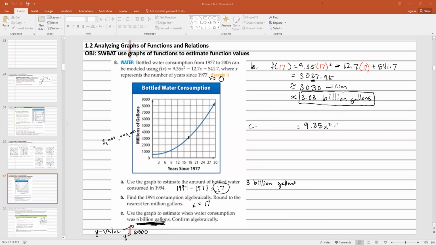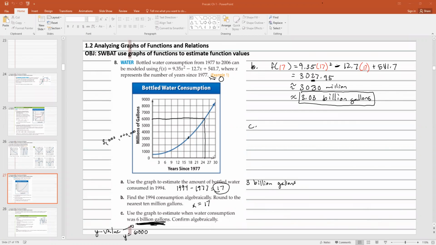Oh, sorry, it says estimating. I'm going to have to do algebraically too. Whew, I was getting nervous. All right, so we want to look at the graph. Look at the graph at 6,000 and go to the right to the graph. All right, so we're going to check to see, go down. And there we go.